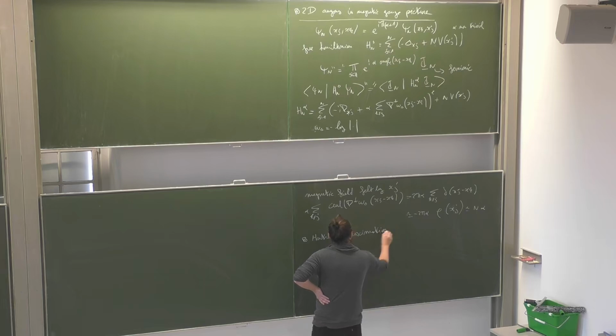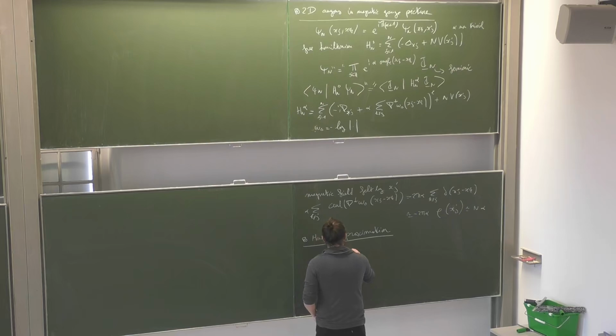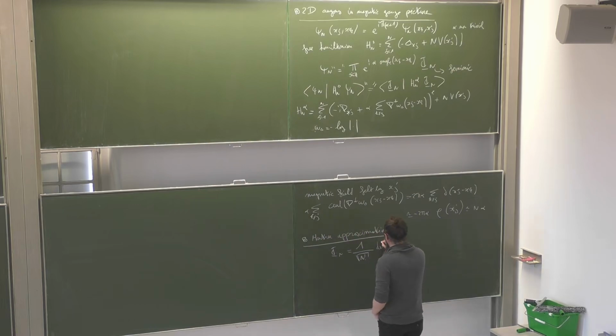So what does Hartree approximation mean? Well, I'm going to assume that, it's kind of the folklore that you can minimize the ground state of this by looking for the ground state of this in the form of a Slater determinant. So I'm going to take phi n to be 1 over root factorial n, but if the normalization is wrong, it doesn't matter. It's just the normalization that you should have.